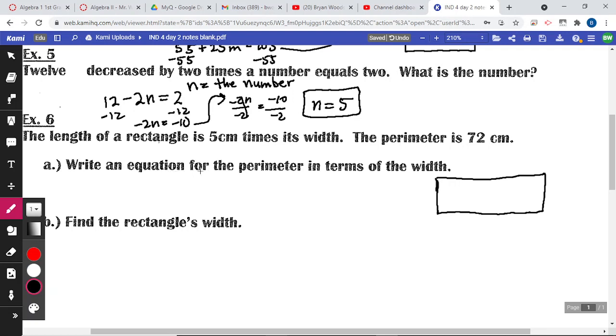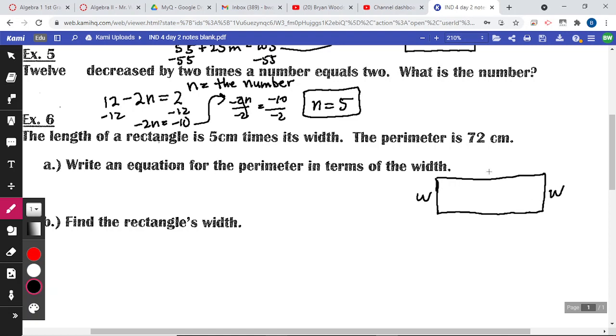We have not yet assigned a variable, so we better do that. What should our variable be? They give us a clue with this A. They want us to write an equation for perimeter in terms of the width. So since we're wanting it in terms of width, it makes sense to make width our variable. So we write that on the diagram.